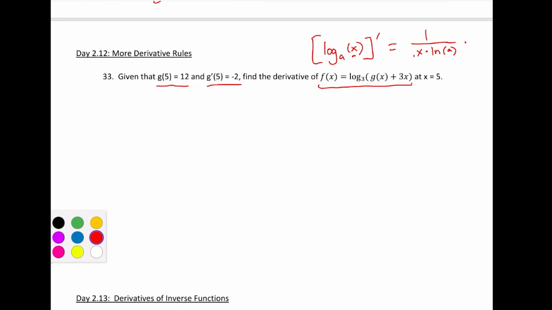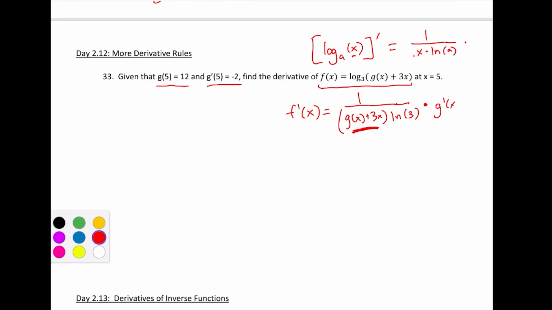So let's find f prime. So here's f. Let's identify f prime. So f prime is going to be 1 over g of x plus 3x times the natural log of 3, all of that times the derivative of what's inside the parentheses.